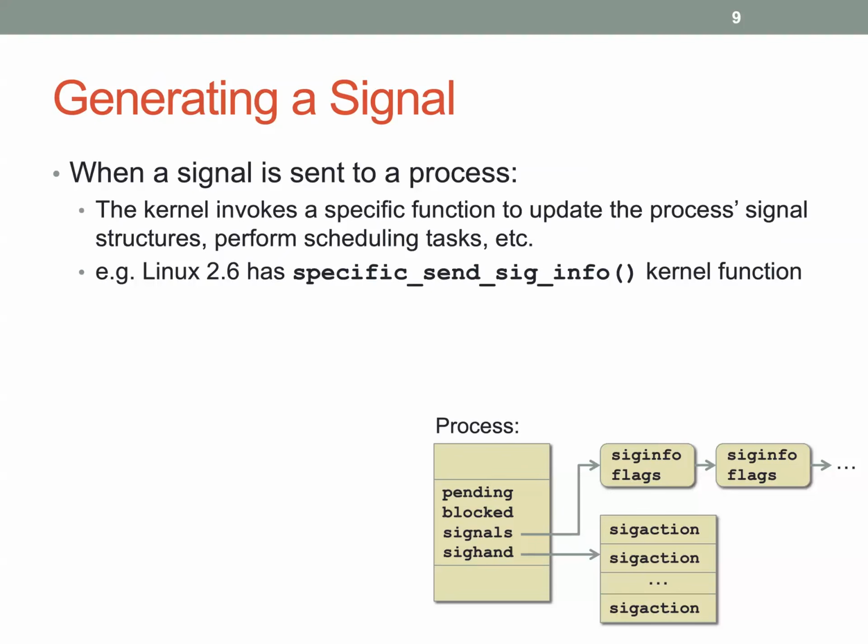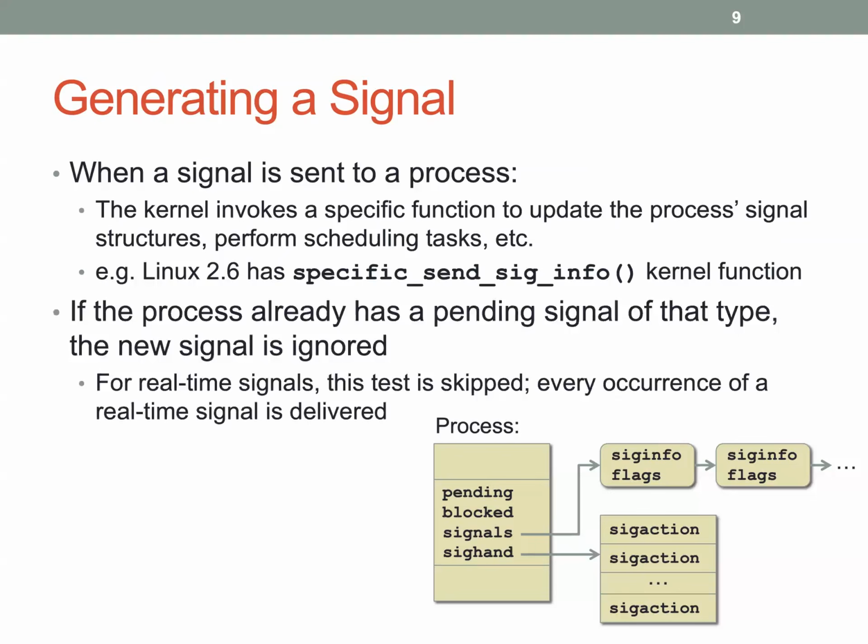You definitely aren't missing out. And so the function goes through and says, do I already have a signal of that type? Because remember that if I've gotten a signal of a given type, the pending bit will be set to 1. And if I get subsequent signals of the same type, I can't really record them. And so if there's already a pending signal of that type, there's no reason to add another SIG-info struct to the list.